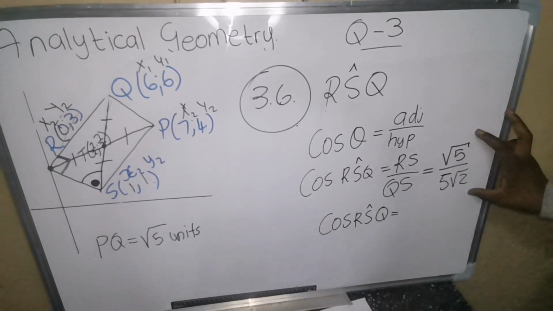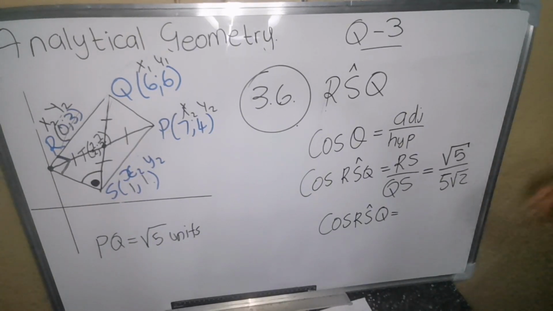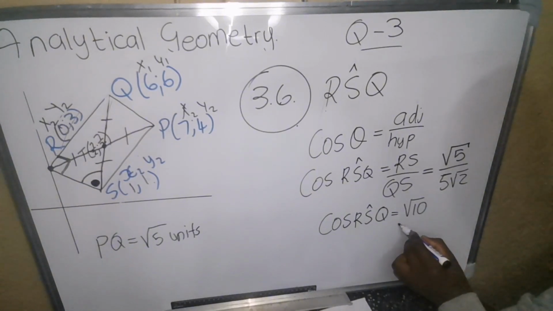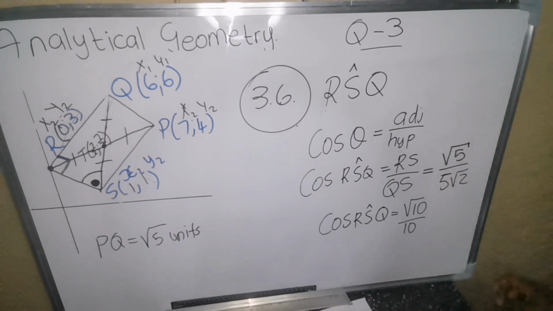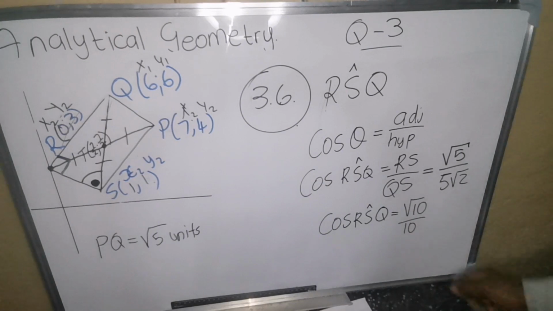When I divide numerator and denominator, I get square root of 10 over 10. I said the square root of 5 divided by 5 square root of 2 gave me square root of 10 divided by 10.